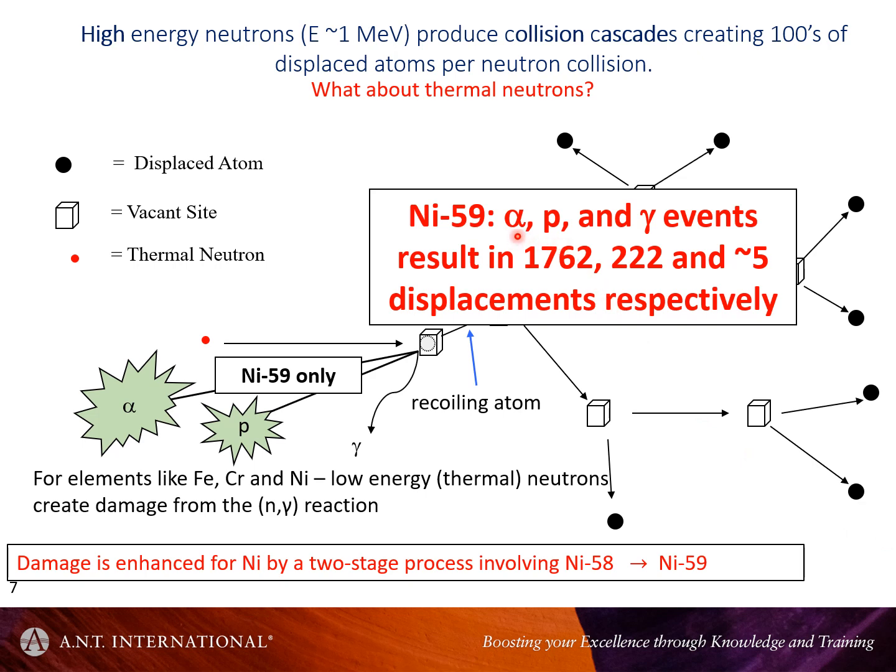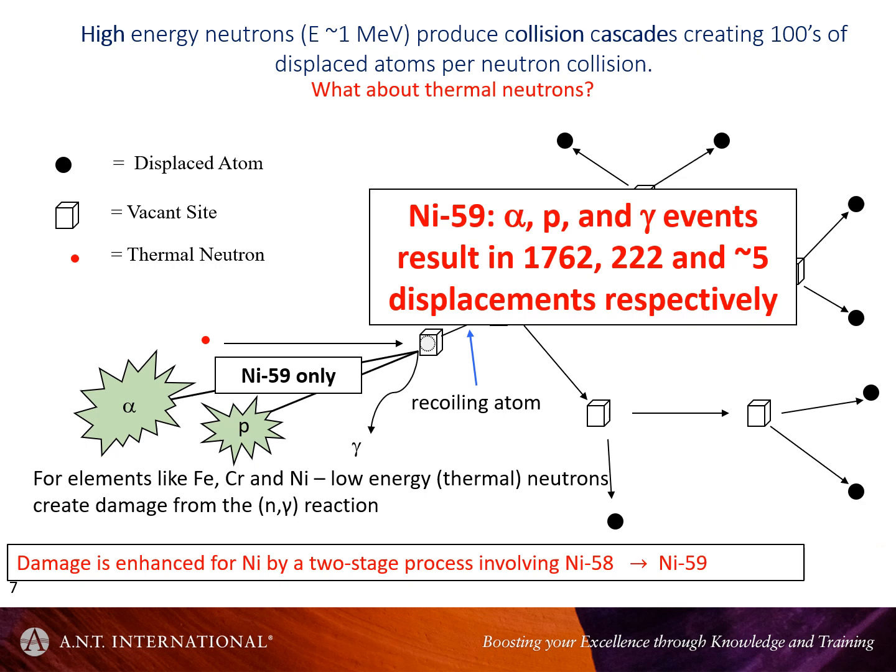And probably more importantly, one of these reactions is the N-alpha reaction. Normally that is a high energy event, but in the case of nickel-59, you get this N-alpha reaction that occurs with the thermal neutrons as well.